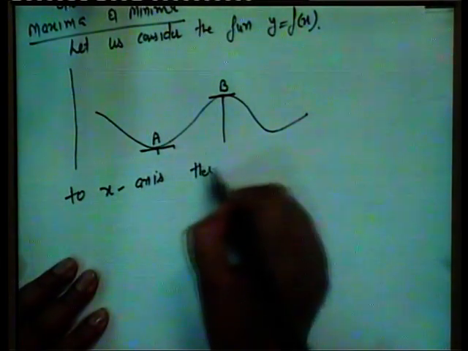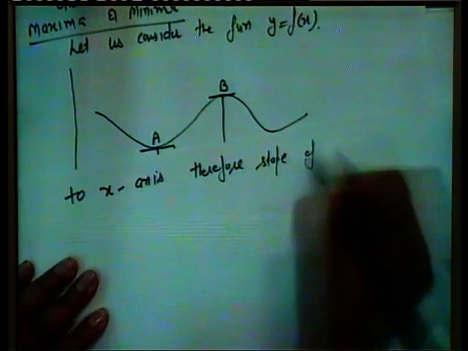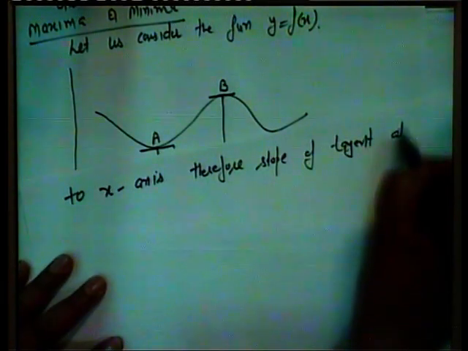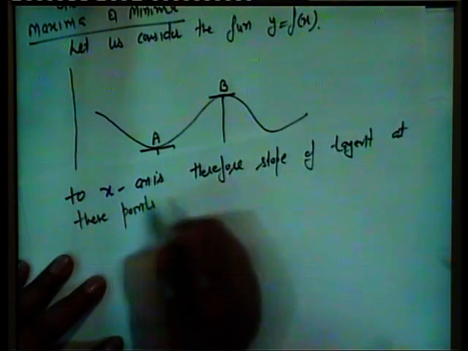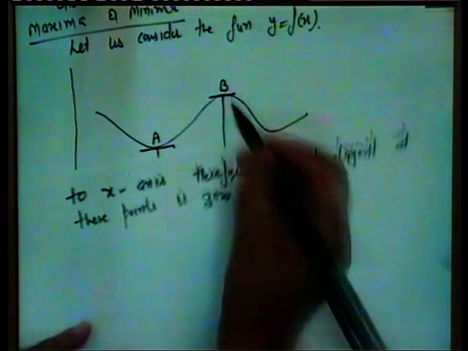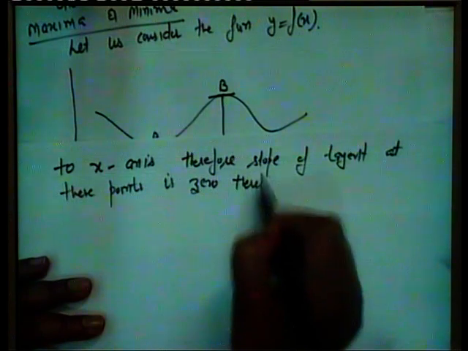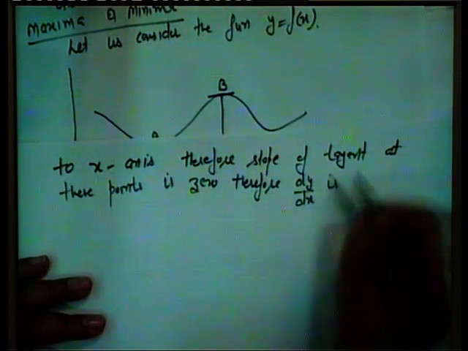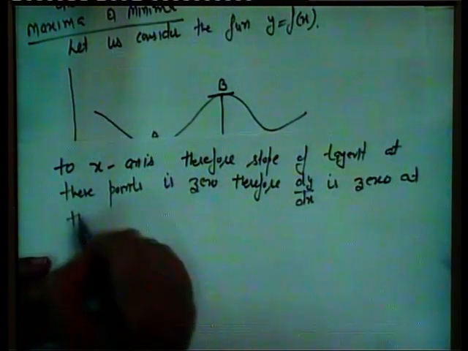Therefore, the slope of the tangent at these points is 0, because the tangent is parallel to the x axis. Therefore, dy by dx is 0 at these points.